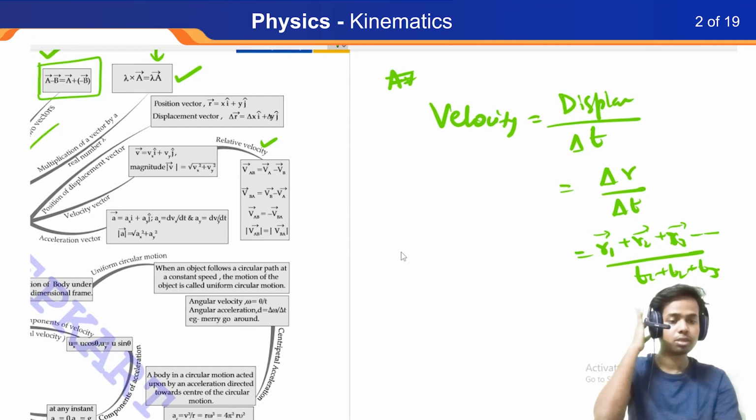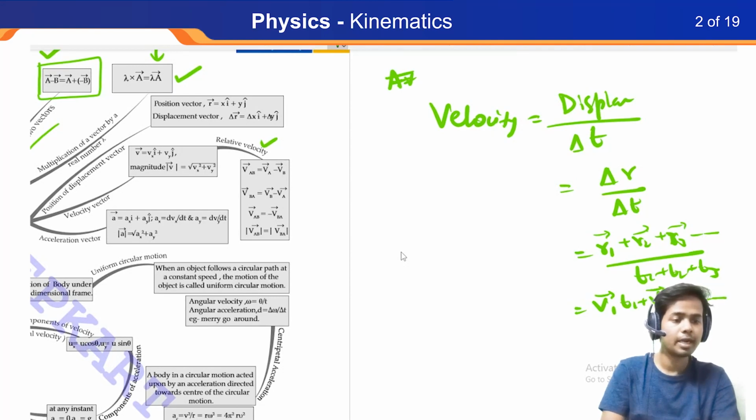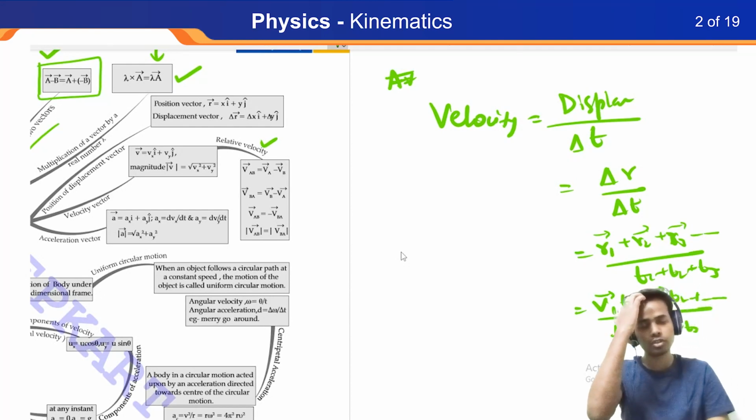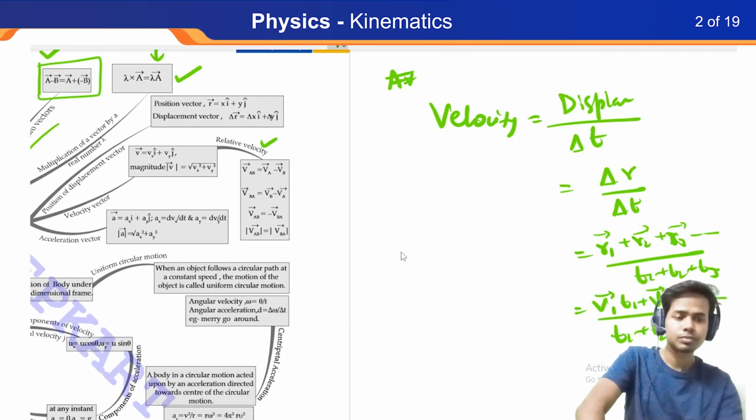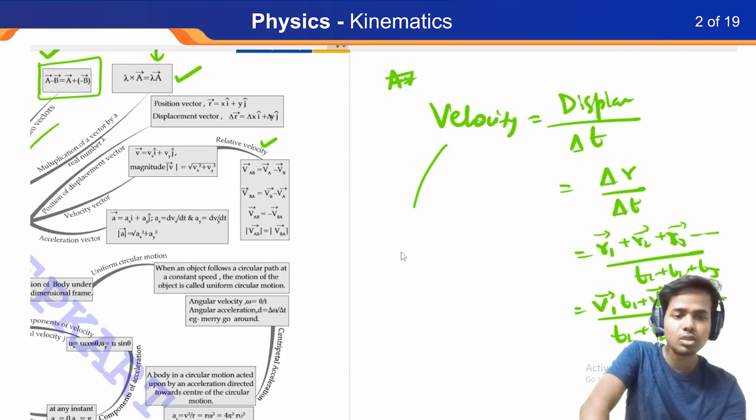And I hope you get it, that it will also be equal to v1 t1 plus v2 t2 and so on, divided by t1 plus t2 plus t3, in the same manner as we did for the speed. But something is different here.